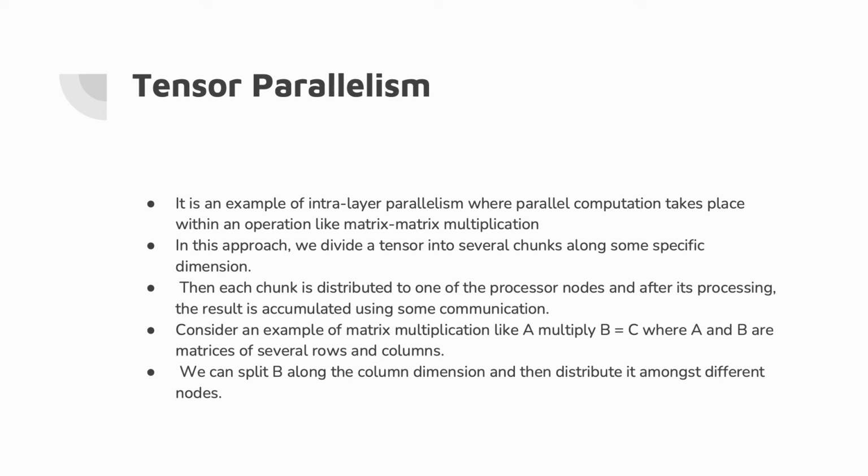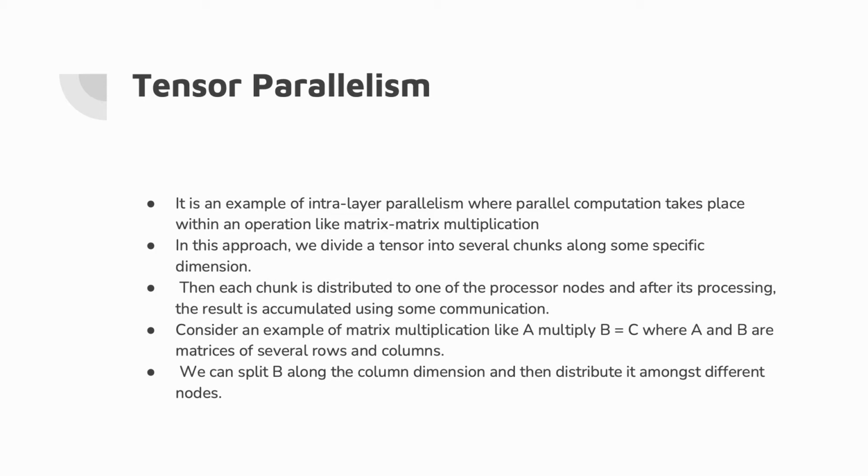In tensor parallelism, we will talk about how this is done. Tensor parallelism is an example of intra-layer parallelism where parallel computation takes place within an operation. For example, matrix multiplication is an example where we can use this intra-layer parallelism. In this approach, we divide a tensor into several chunks along some specific dimension.